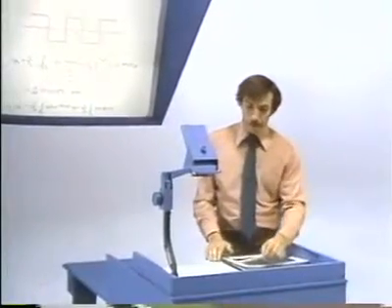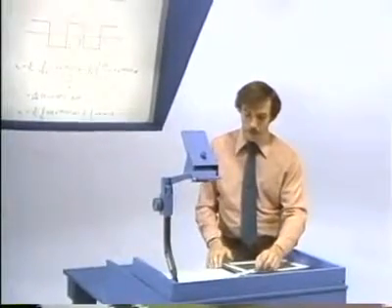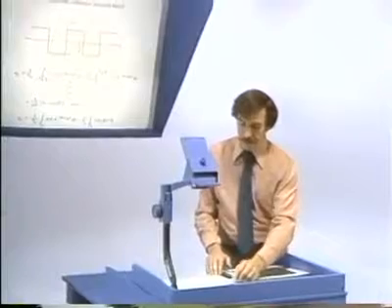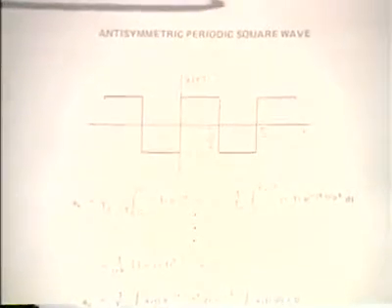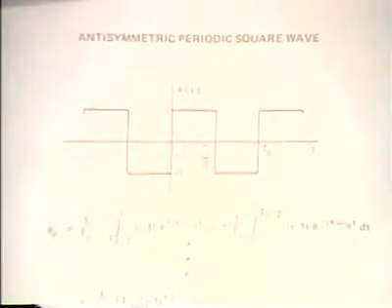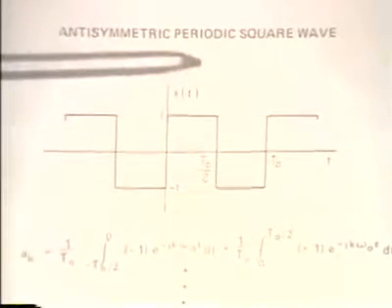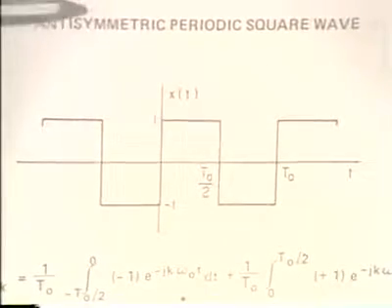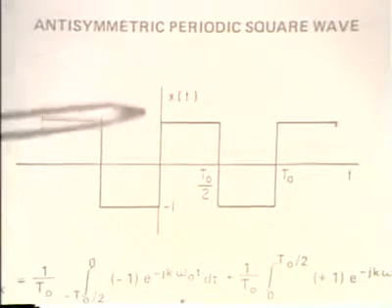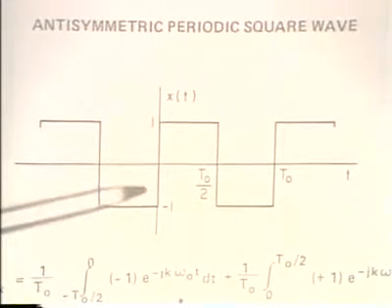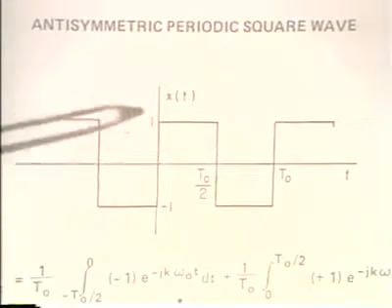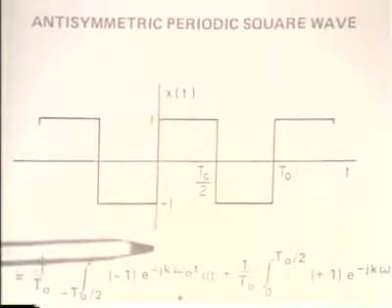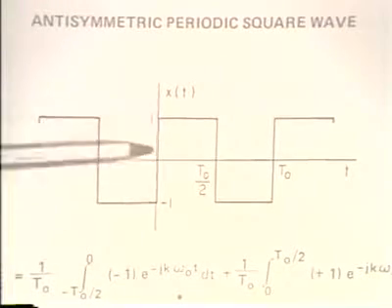So we'll begin with what I refer to as an antisymmetric periodic square wave, periodic, of course, because we're talking about periodic signals, square wave referring to its shape, and anti-symmetric referring to the fact that it is an odd time function. In other words, it is anti-symmetric about the origin.